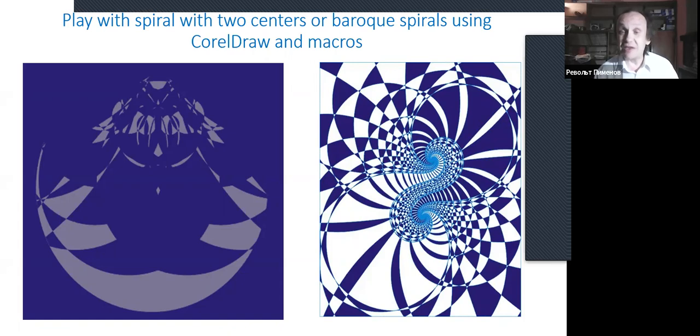It was made in CorelDRAW with some macros, and one circle was moving about this composition, and after this I used the function: if the point is under even circles, they don't show. If the point is under odd circles, this point is shown.